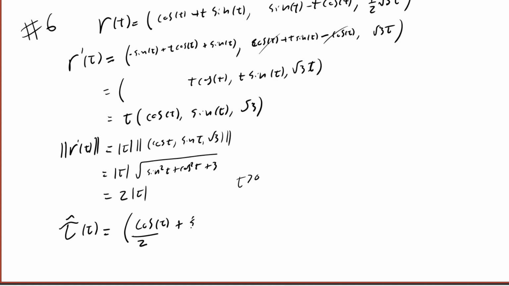Okay, so cosine over 2, plus sine of t over 2t, minus cosine of t.